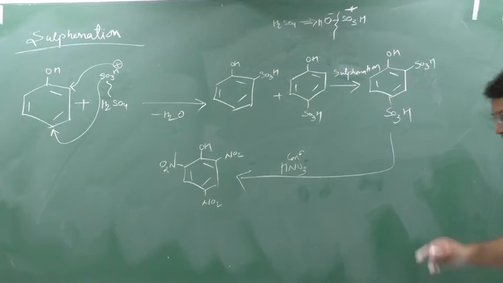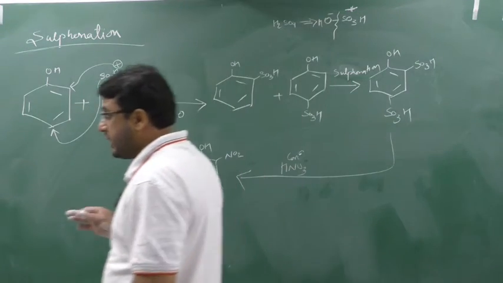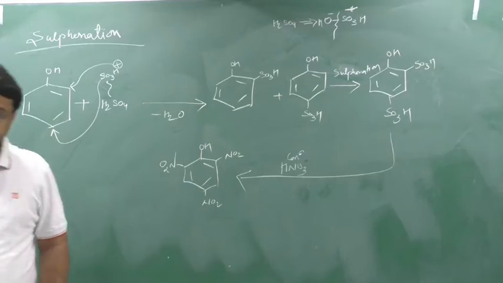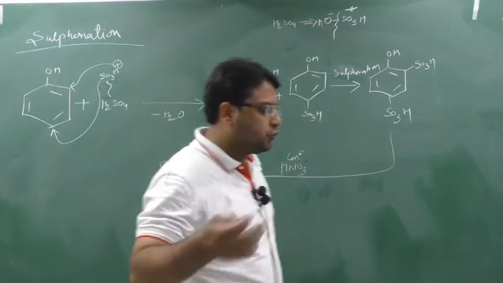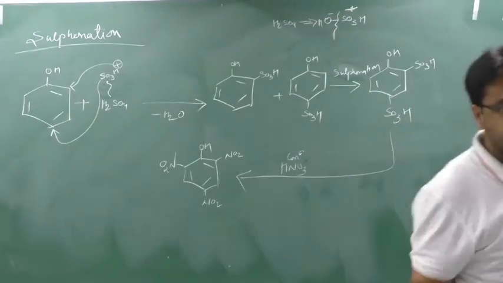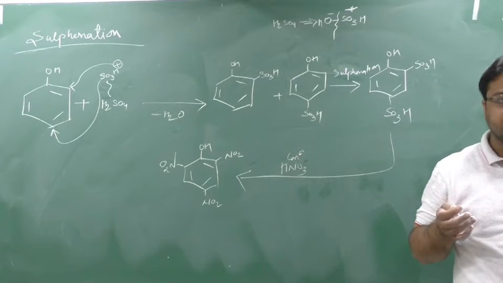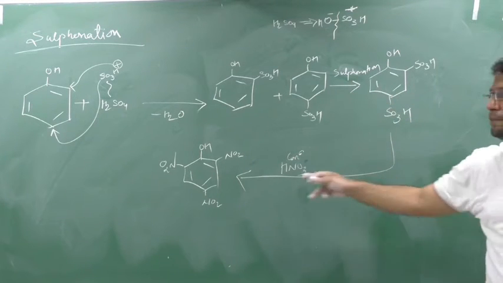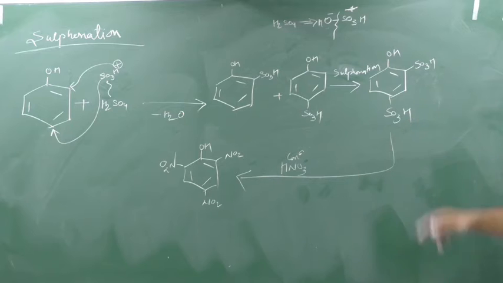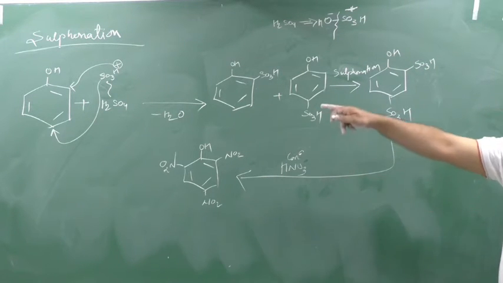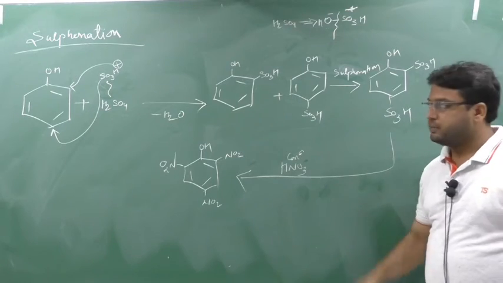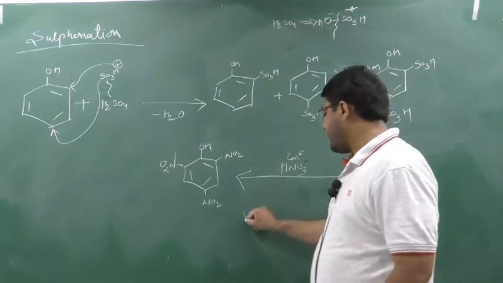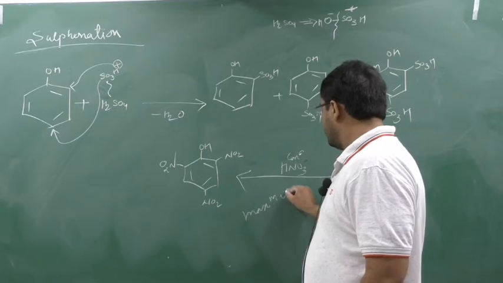Last class we have seen the formation of picric acid by using nitration: o-nitrophenol and p-nitrophenol, 2,4-dinitrophenol, and then we obtain picric acid. But this is also one method to obtain picric acid, from this sulfonation. So what is the use of this? Picric acid formed by the sulfonation method will have a maximum yield.